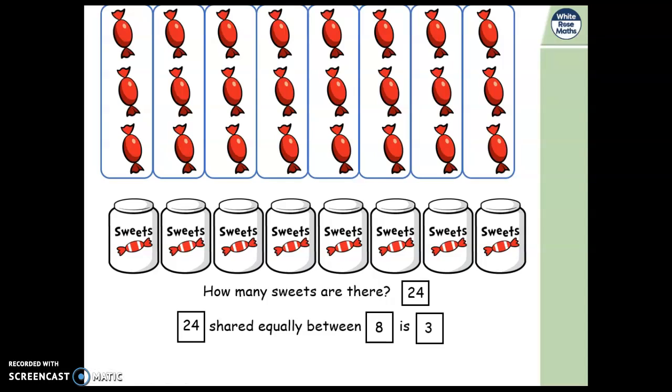And when 24 is shared between 3 is 8. Okay, so we're going to swap the numbers around again. But we've got to make sure that the largest number is the answer, because if you are sharing, your number gets smaller. When you're multiplying, it gets bigger.